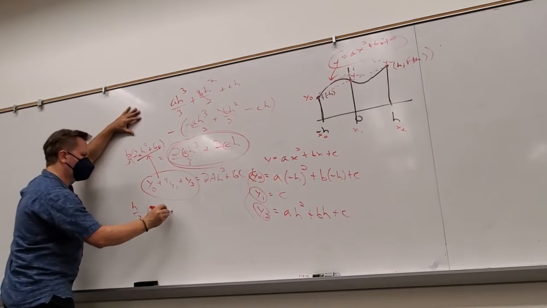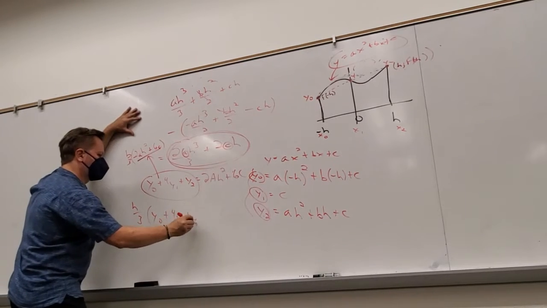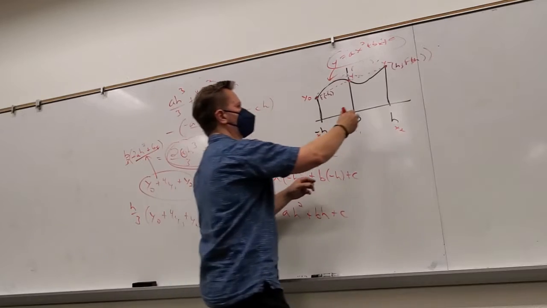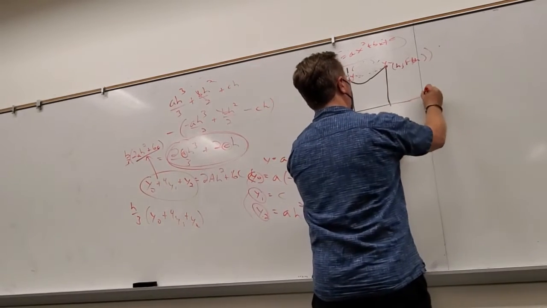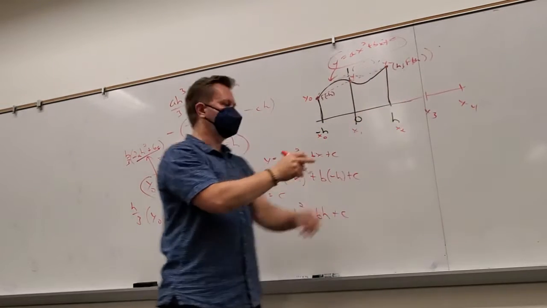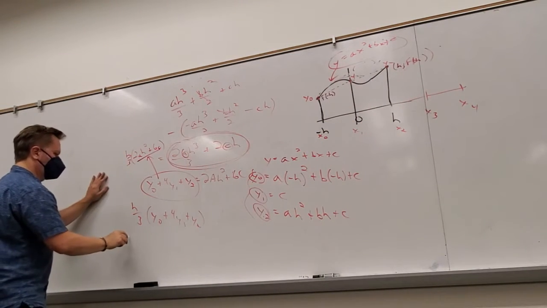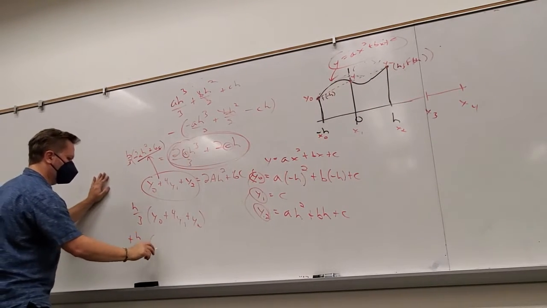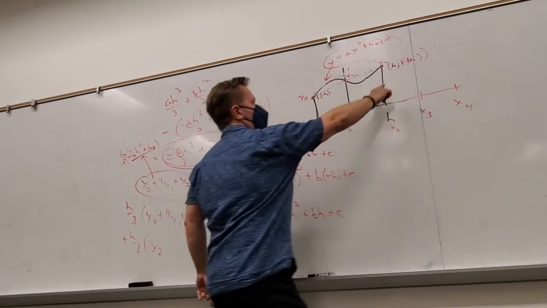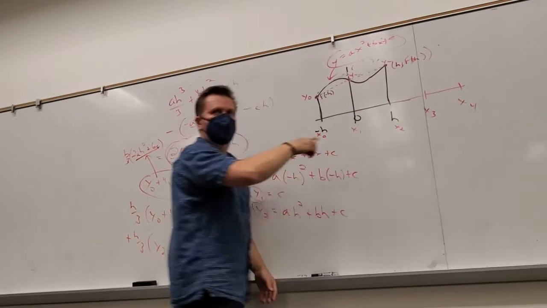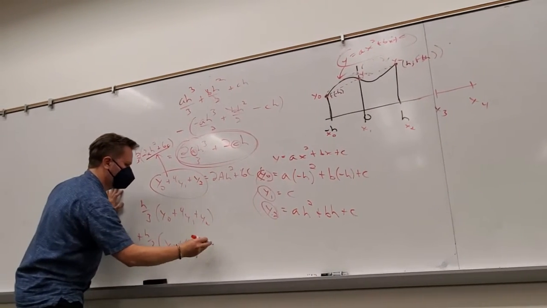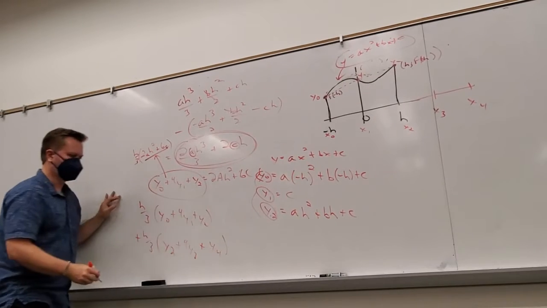Now if you look at the rule, what's the next piece over going to look like? It's going to start at x2, and it's going to look like plus h over 3 times y2. Do you see how they both use y2? The next one's going to start here and use y2, plus 4 y3 plus y4, right?